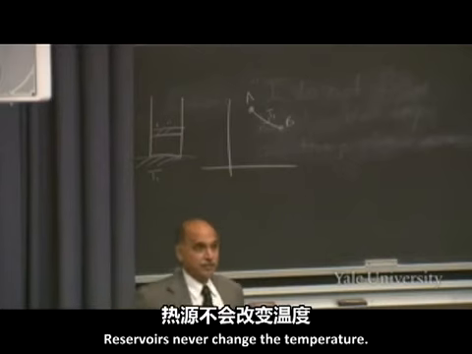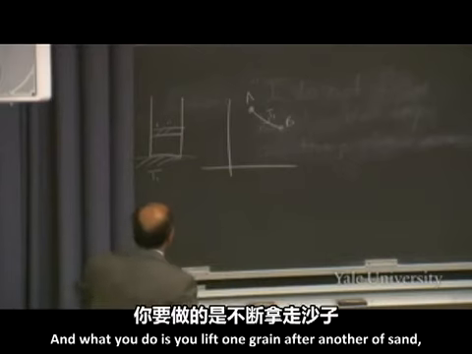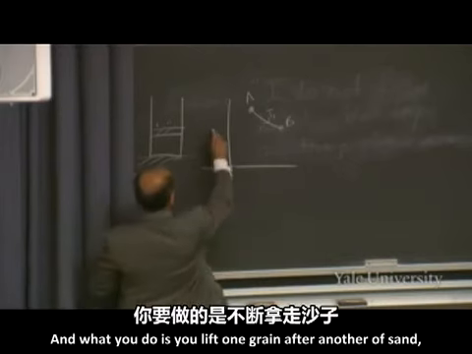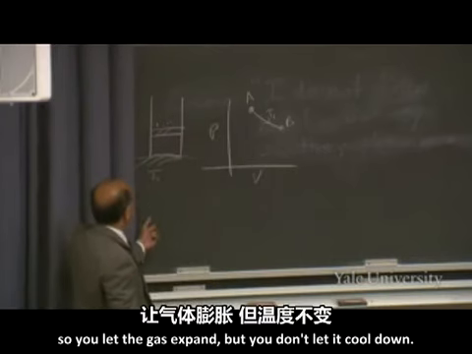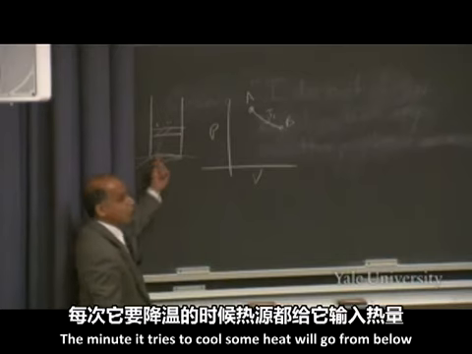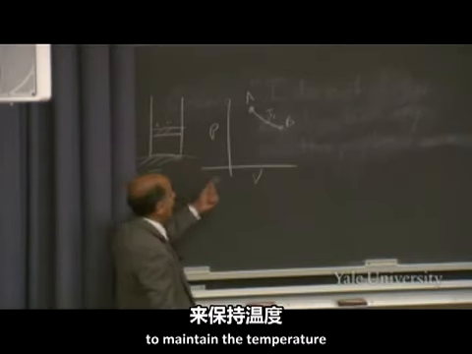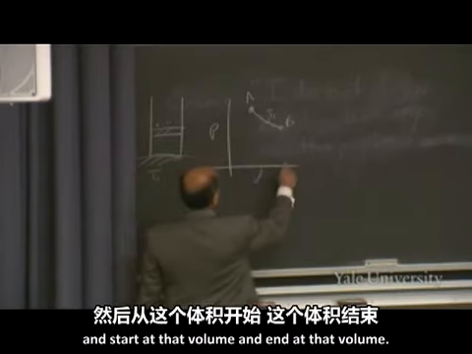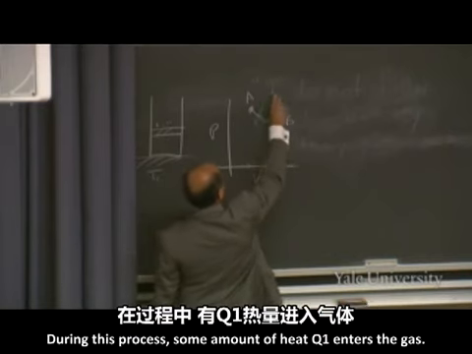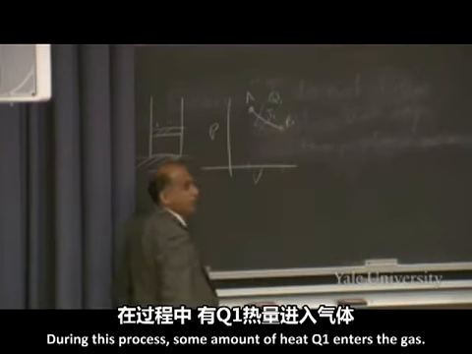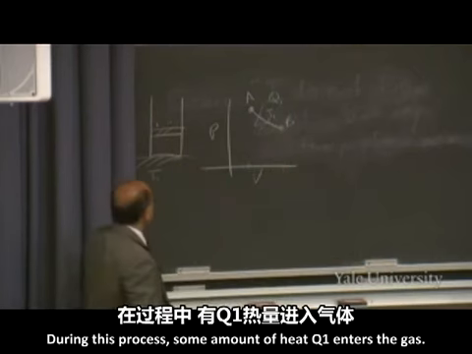Reservoirs never change the temperature. And what you do is you lift one grain after another of sand. So you let the gas expand, but you don't let it cool down. The minute it tries to cool, some heat will go from below. So you maintain the temperature and start at that volume and end at that volume. During this process, some amount of heat Q1 enters the gas.